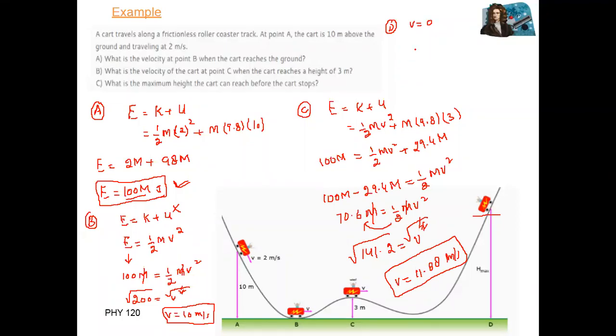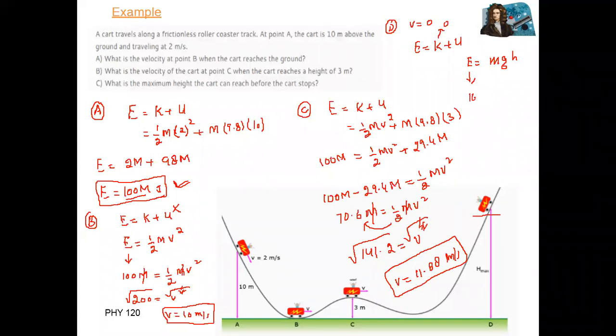So total energy equal to what? Kinetic plus potential, but when velocity is 0, kinetic energy equals 0. So total energy is only potential energy, mgh. We don't know h.